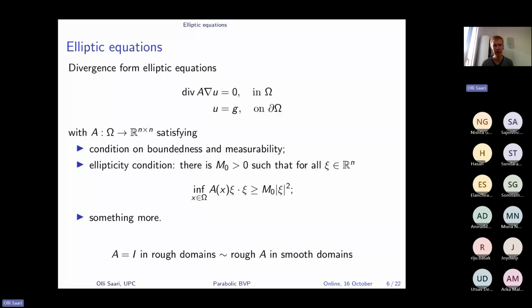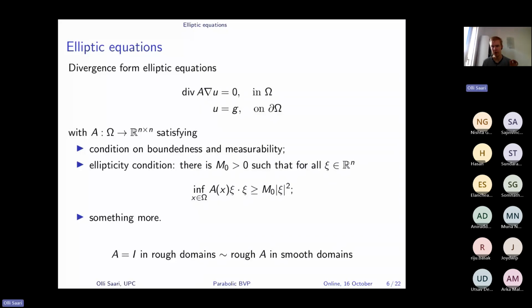And when we do the coordinate change, the Laplacian is converted into a divergence form elliptic operator. And studying the Laplacian in rough domains is roughly equivalent to studying divergence form elliptic PDE in smooth domains.